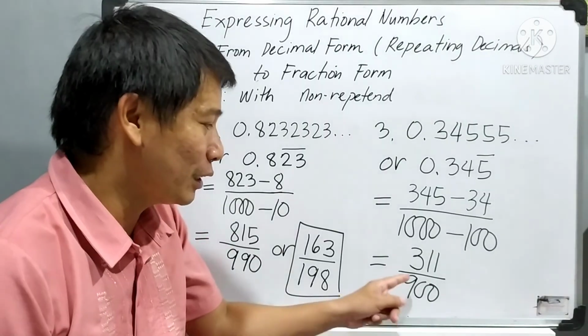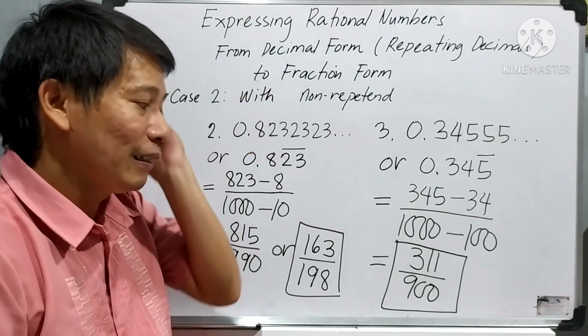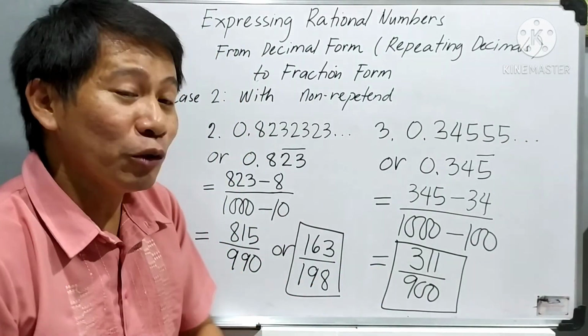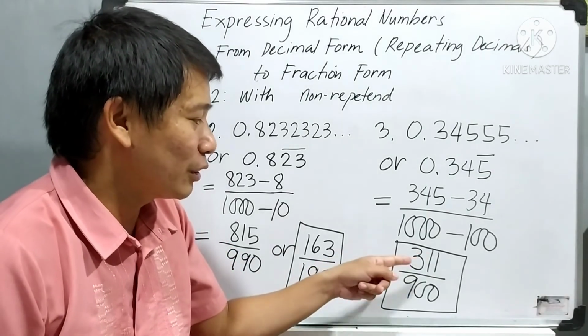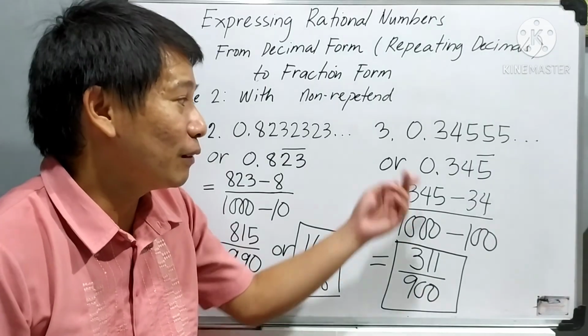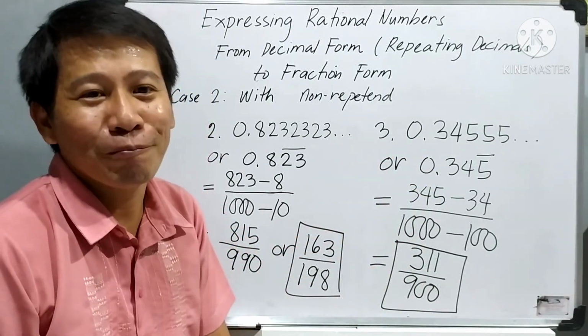The only GCF is 1. So that will be our final fraction. You can check that. Divide 311 by 900 and see if you will get this. And I assure you, this is its equivalent decimal.